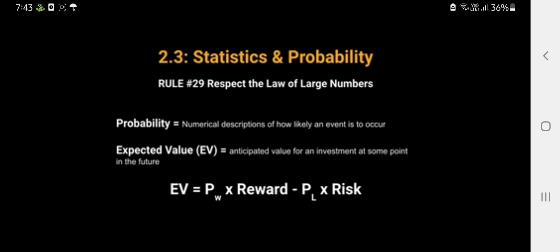Expected value, which is the most important concept that we're going to talk about with regards to stats and probability within trading, is the anticipated value for an investment at some point in the future. Let's go to rolling a dice, for example. The expected value in rolling a dice is the weighted average of all possible outcomes.